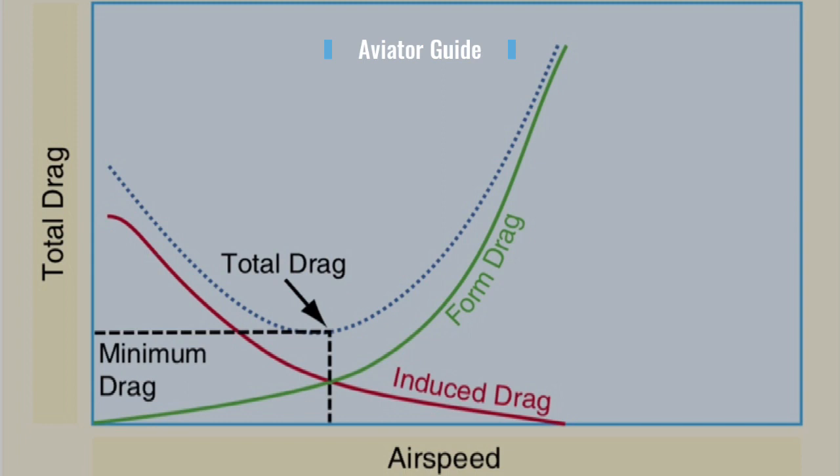Similarly, as the airspeed reaches the terminal velocity of the aircraft, the total drag again increases rapidly due to the sharp increase of the parasite drag. As seen in the figure, at some given airspeed, total drag is at its minimum amount. In figuring the maximum endurance and range of aircraft, the power required to overcome drag is at a minimum if drag is at a minimum.